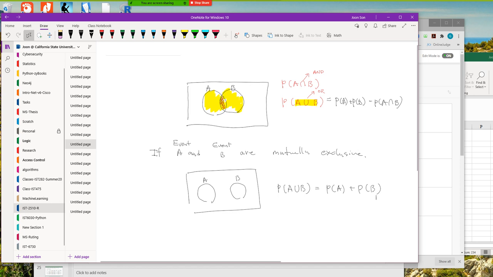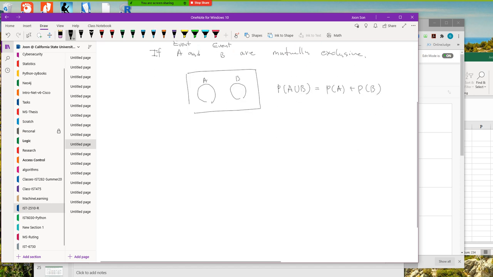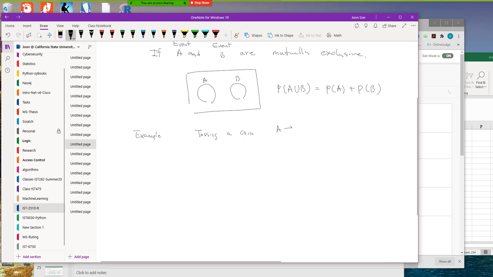So we define, this is an example, like tossing a coin. Let's say event A is having a head, and event B is the tail.